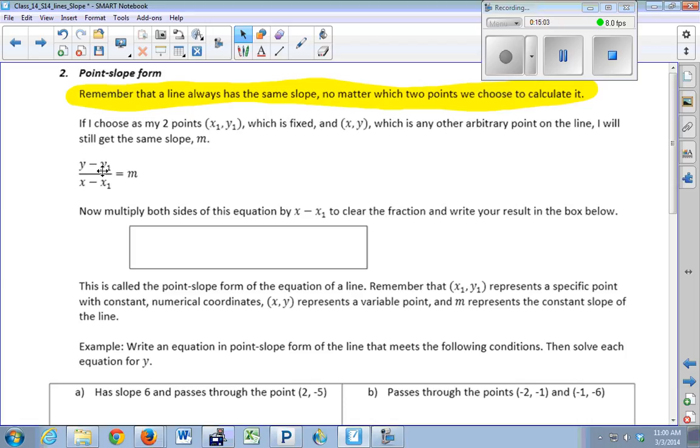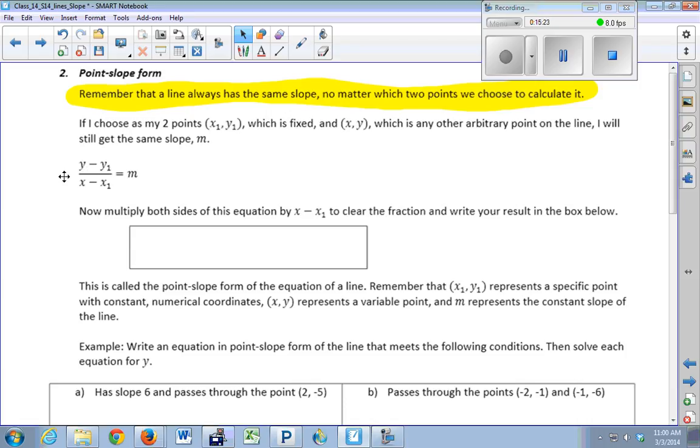Then you can use the same formula for your slope to come up with this equation called the point slope. So you're used to seeing something like y2 take away y1 divided by x2 take away x1. The only difference is we're just going to call it y take away y1 and x take away x1.